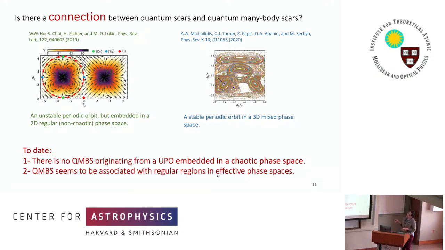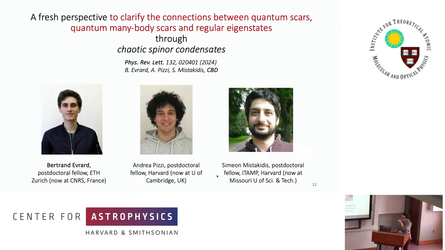And later, actually, Maxim's work generalized this effective space to higher than 2 dimensions, so 3 or 4, so that they could actually have mixed phase space. In this particular case, they found quantum many-body scars are actually associated with the regular regions in the larger and generalized effective phase space.